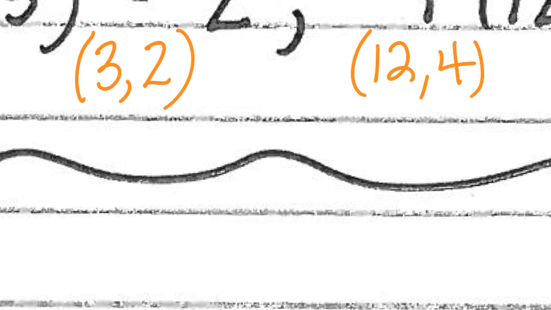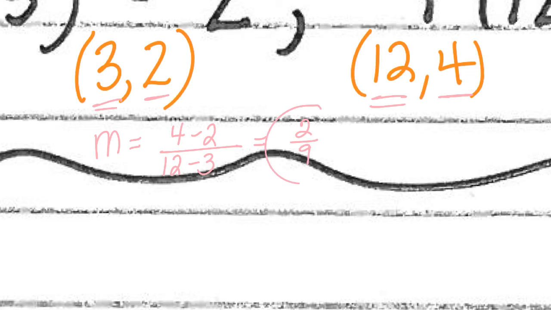How do I find the slope? We're going to start with the slope. Slope is the change in y, 4 minus 2, over the change in x, 12 minus 3. So we get 2 over 9. Well, that's not a very pretty number, but hey, we know how to work with it.